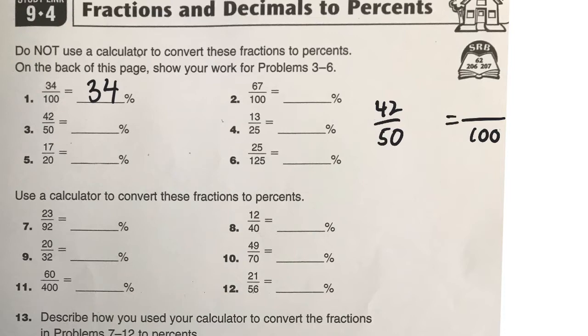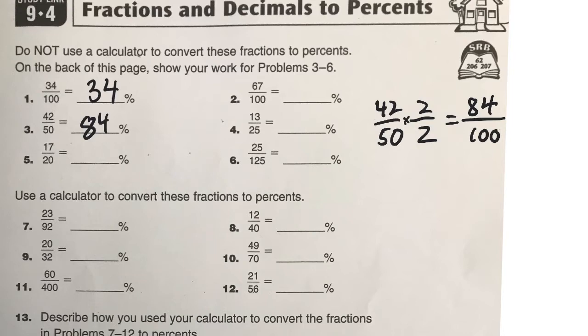So what will we multiply both the top and bottom by to get to hundredths? 50 times what equals 100? Well, the answer is 2. So we multiply that times 2 halves, and 42 times 2 would be double 40 is 80, double 2 is 4, 84 hundredths, and then that's how you do that one.